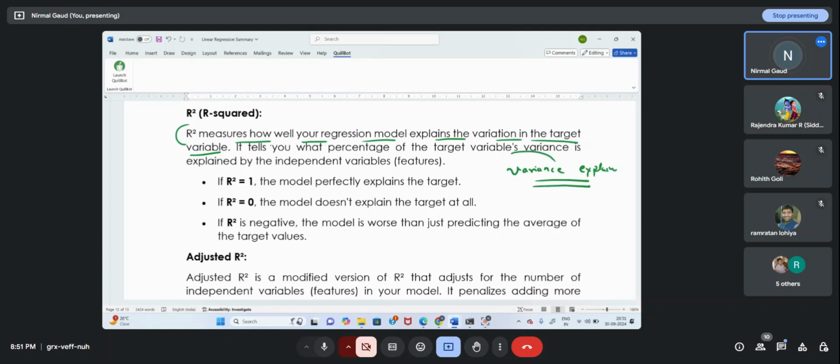What is variance? In statistics, variance is x minus x bar, that means the deviation of a point from its mean. That is what variance explained means in terms of statistics. So it tells what percentage of the target variable's variance is explained by the independent variable feature.